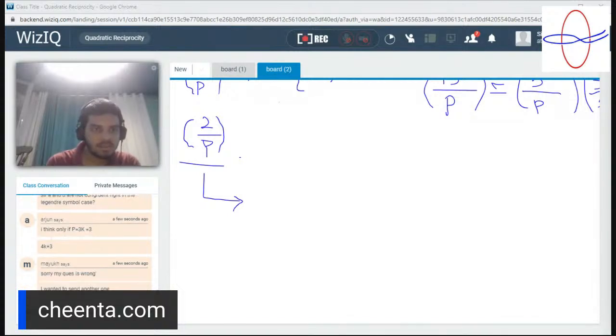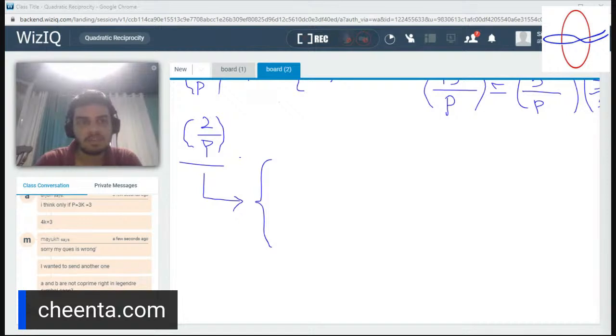A and B are not co-prime in the Legendre symbol case.